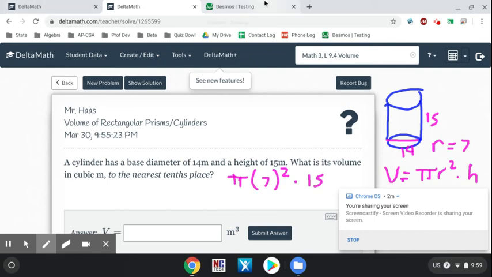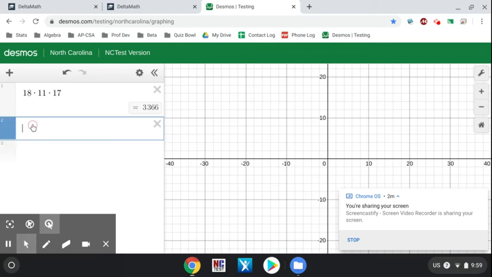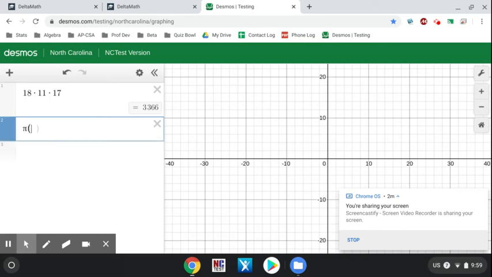Once again, go to Desmos. So I'm going to have pi times 7 squared times my height of 15, and that is going to be the volume.